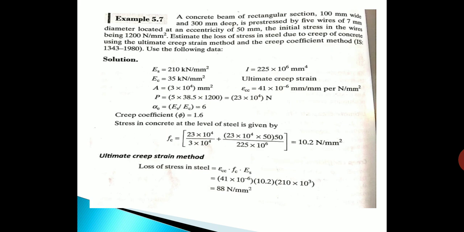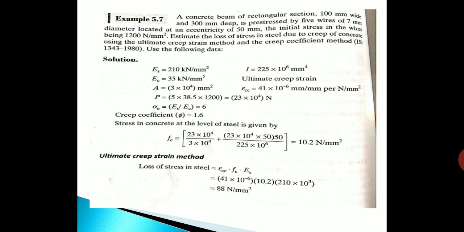P, let us calculate, because the value is given in the form of stress, which has to be converted to Newtons or kilonewtons. Then alpha or mu, which is the modular ratio, is the ratio of Es by Ec, which we get as 6. The coefficient of creep we are taking as 1.6.